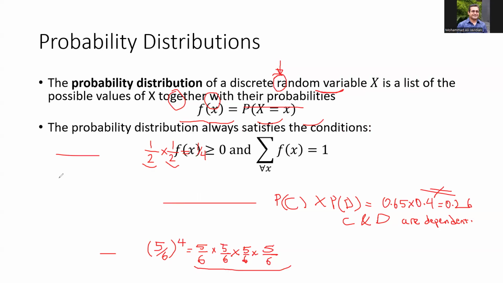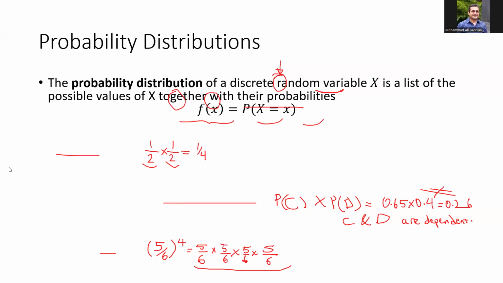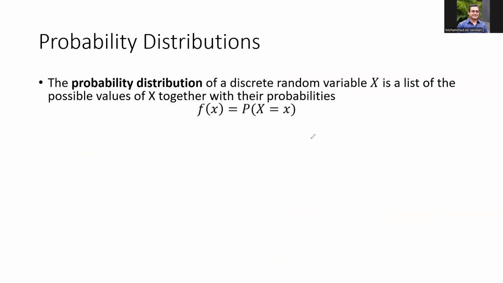Another concept is probability distribution. Technically, we learn how to compute the probability of an event when we know the event and the sample space.